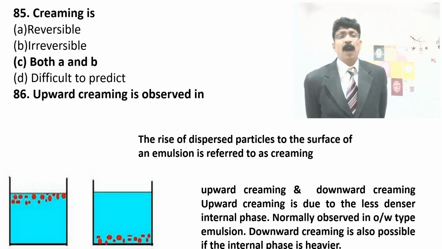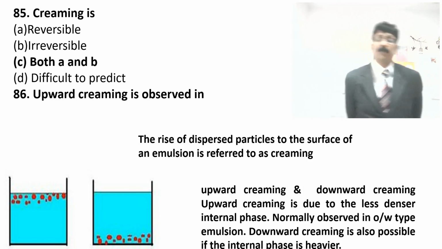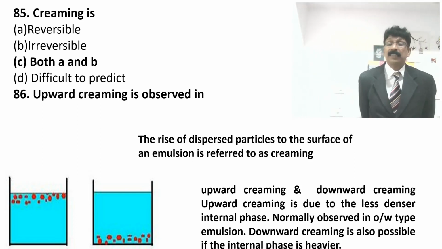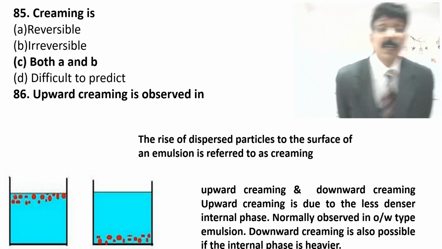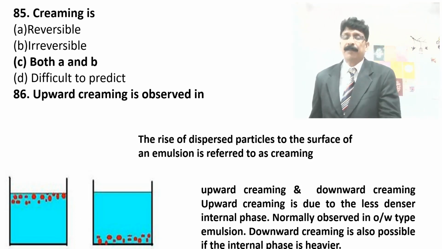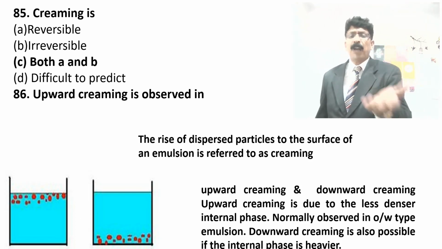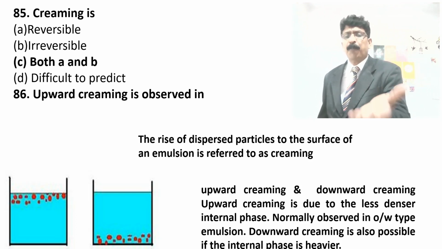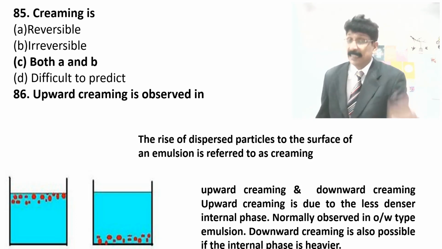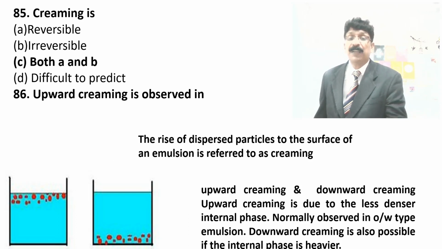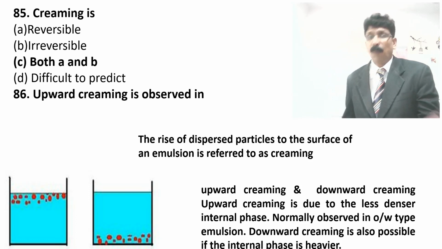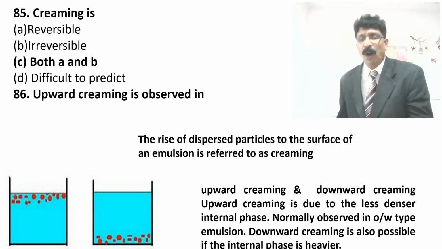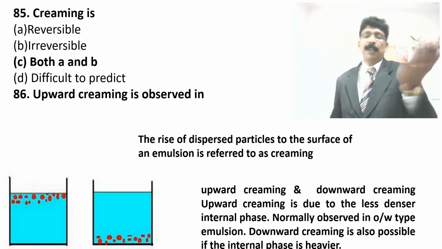So upward creaming is observed. That is the picture, not suspension. I told it wrongly. Here the picture shows upward creaming and downward creaming. So we should know where upward creaming and downward creaming occur. Upward creaming is due to the internal phase being less dense than the continuous phase. Normally it is observed in oil in water emulsion, where the oil is less dense, so you can see upward creaming.